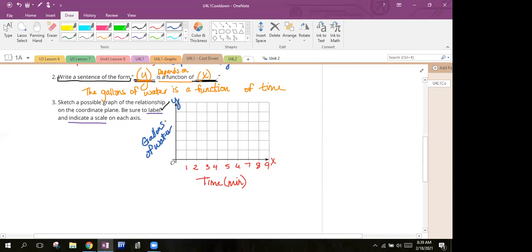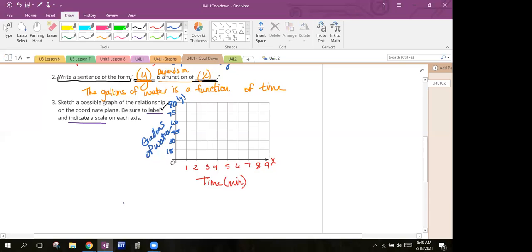I can count by 15. So I have 15, 30, 45, 60, 75, 90. Perfect. Now we have created our graph.